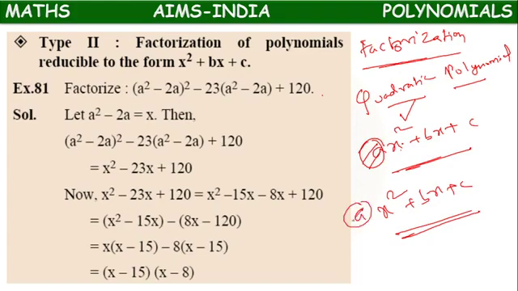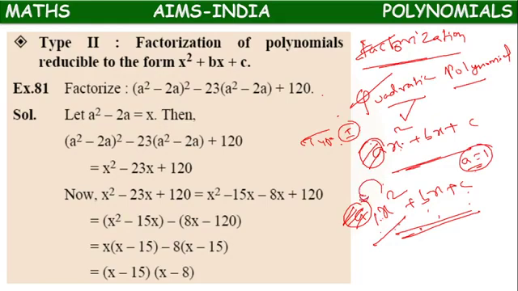If the coefficient a is 1, only for that does the concept we have discussed up to now apply. So in type 1 we have learnt factorization of quadratic polynomials in the form of x square plus bx plus c, not ax square, where the x square coefficient is 1.